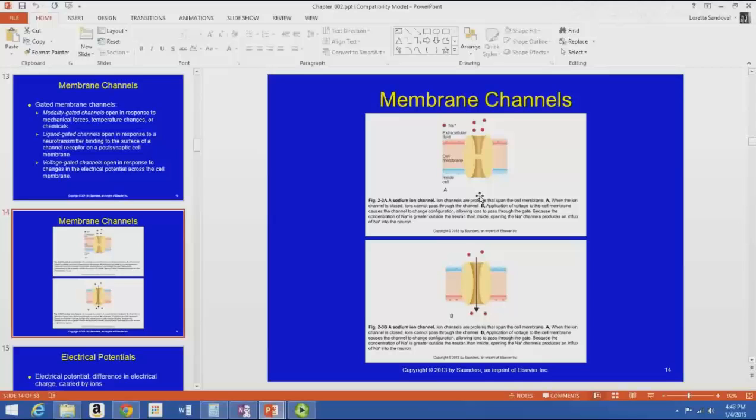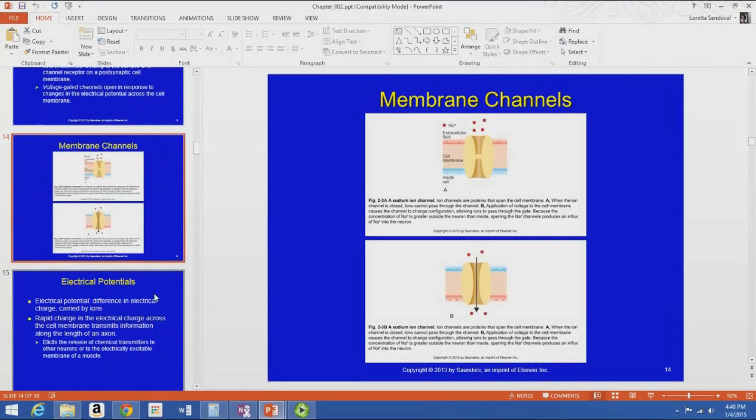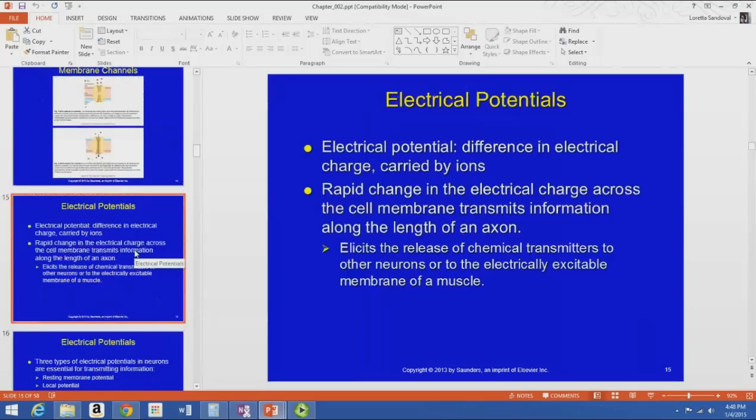When the potential changes, you see in figure B, the outside is more negative, the inside becomes more positive, the channel opens and ions can go through. So that's its little reason for living.